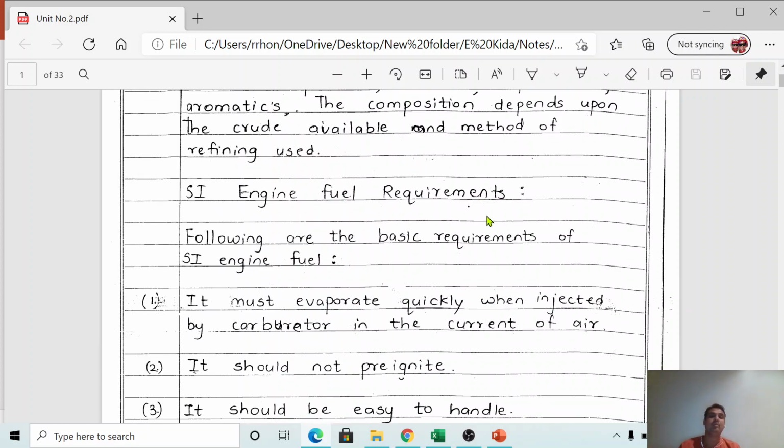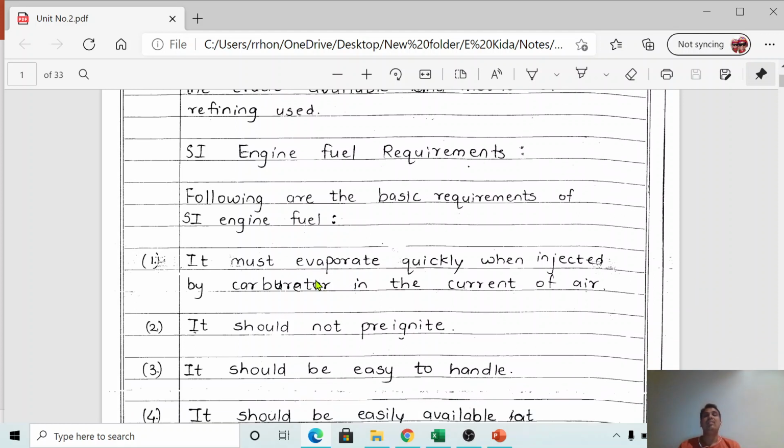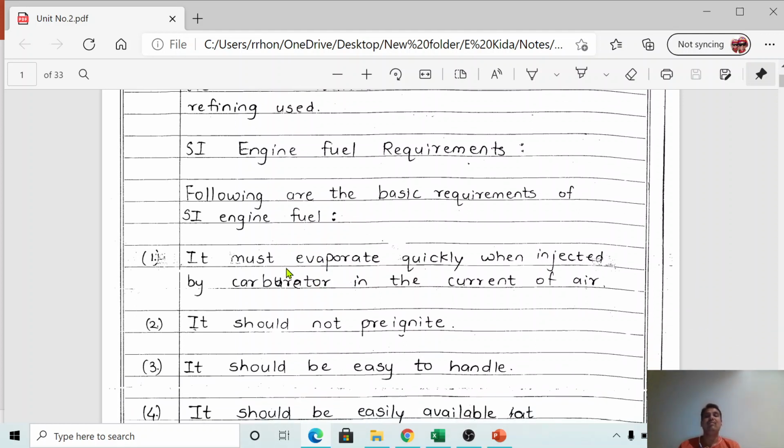Here we are going to discuss. Following are the basic requirements of SI engine fuel. What is the first requirement? The first requirement is that it must evaporate quickly when injected by the carburetor in the current of air.